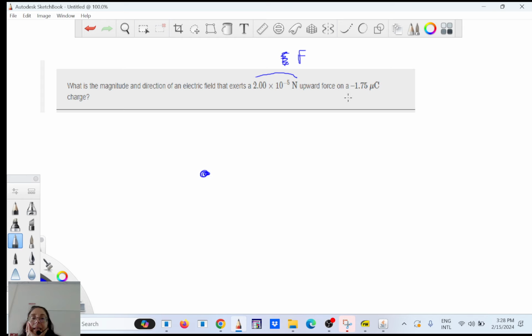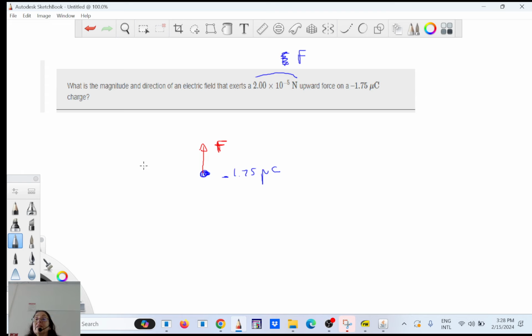So you have a negative charge, minus 1.75 microcoulomb, and it's acted upon by an upward force. F is up. Where is the electric field? A negative charge wants to go against or with the field.